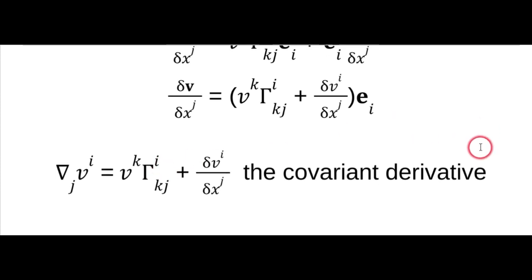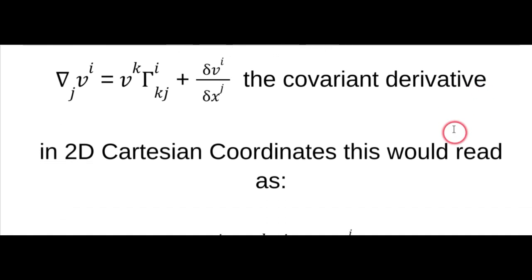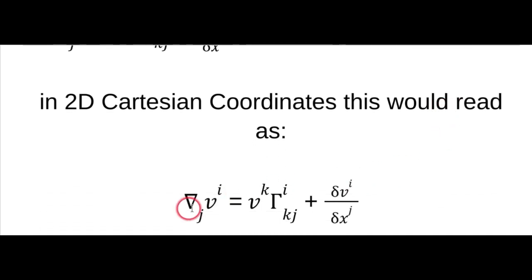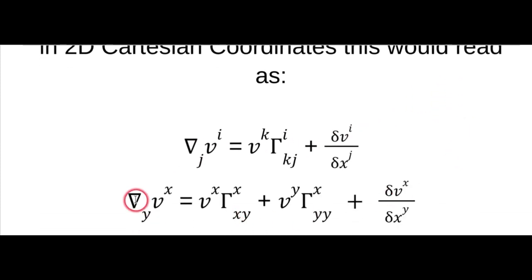All right, so let's look at this in Cartesian coordinates, just 2D. Here's our generalized equation, and we're going to choose the derivative with respect to y. We're going to take the derivative of the Vx component with respect to y. So our free indexes are i and j.